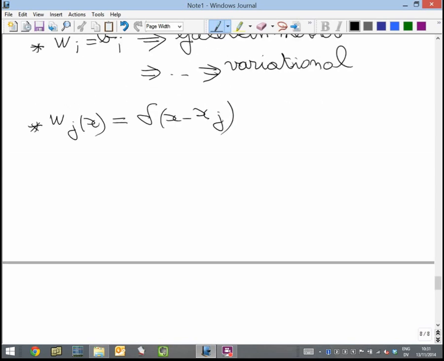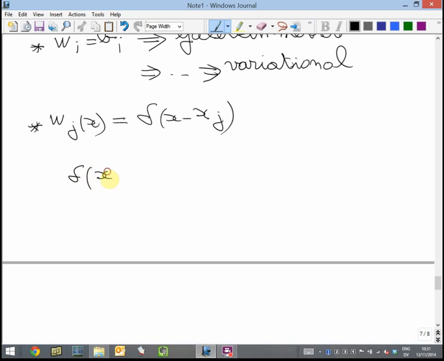So let me give you a very brief primer on delta functions or delta distributions. It's a complex thing. I could spend hours just talking about this. So I will just give you the engineering approach to delta functions so that you can understand what these things are. What is a delta function?